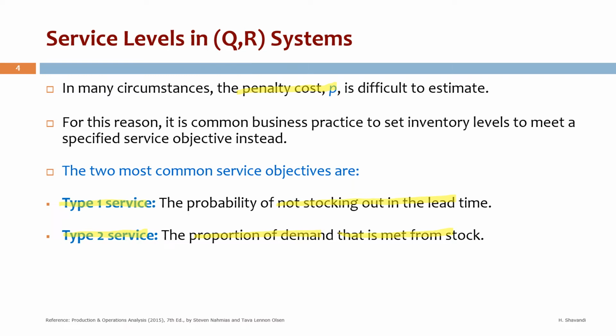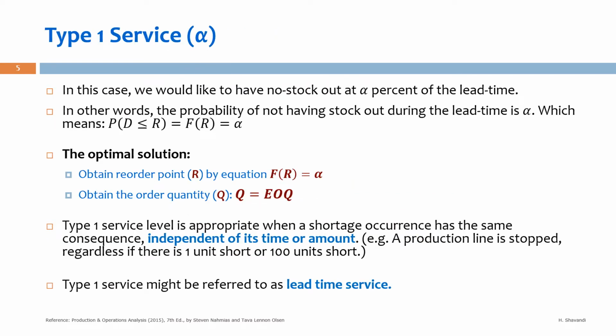Okay. Let's look at the type 1 service level, or alpha, first. In this service level, we would like to have no stock out situation alpha percent of the time. As we see here, we are going to set a criterion for our company in order to have a service level where, for example, at more than 95% of times during the lead time, we are not in the stock out situation.